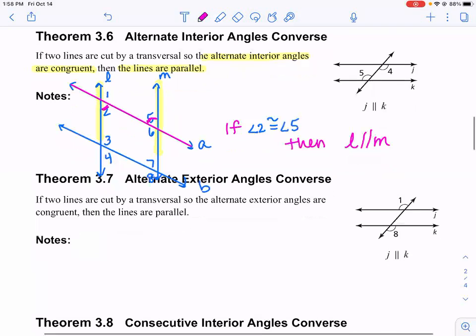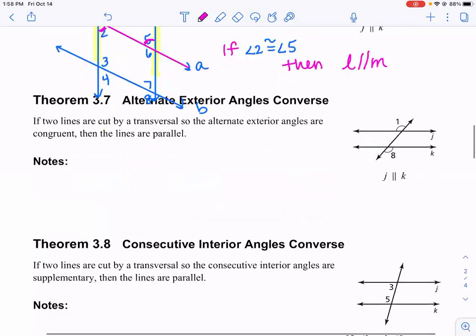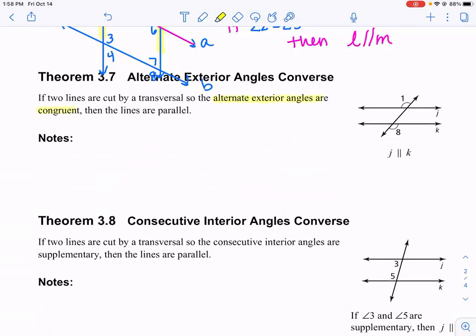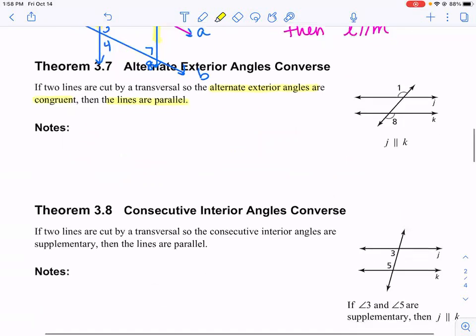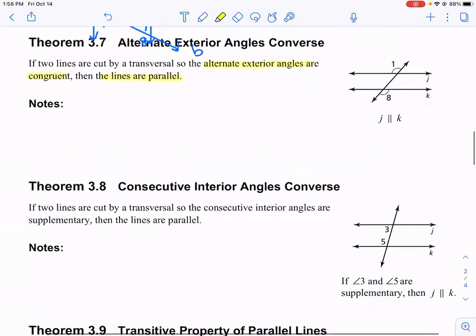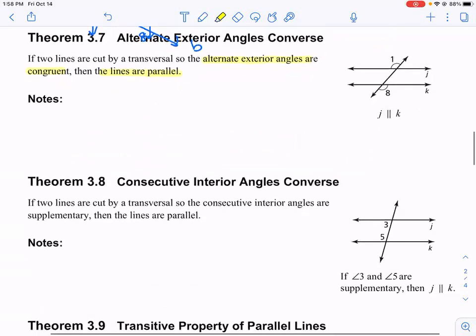Okay, same thing's going to happen when we have alternate exterior angles. If we have a transversal and alternate exterior angles are congruent, then the lines are parallel. If consecutive interior angles are supplementary, then the lines are parallel.